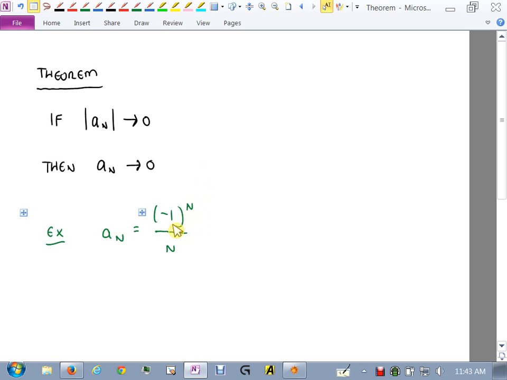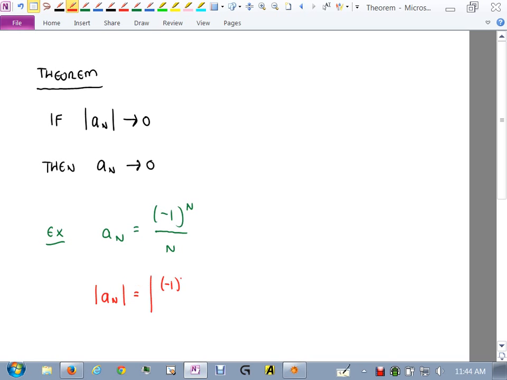The top is going what? -1, then 1, then -1, then 1. It's going to oscillate positive and negative, right? But they get smaller. Okay, let's just look at this theorem, though. What does the theorem say? Let's take the absolute value of a sub n. What's the absolute value of a sub n here?